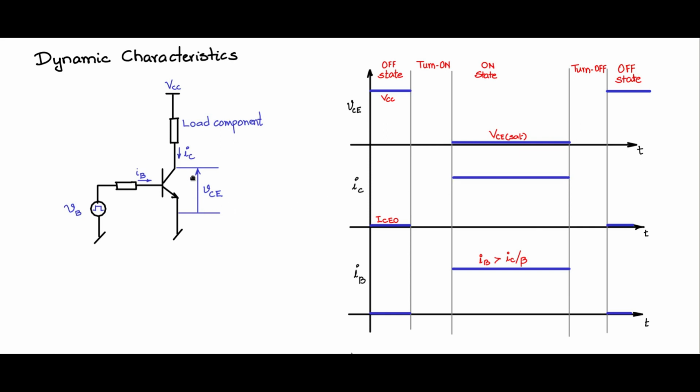If you look at this Kirchhoff's voltage loop, it is VCC minus VCE sat divided by the load component impedance. Now let us say for now the load component is a resistance, R load. So we can write IC is equal to VCC minus VCE sat divided by R load.